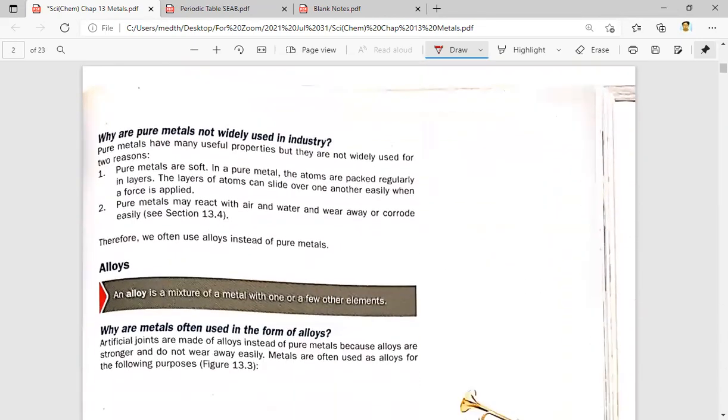The question is why pure metals are not widely used in industry. You don't generally use pure metals. It's really because they are soft. Second, they can react with air and water, and wear away or corrode easily. When iron reacts with air and water, we see this phenomenon quite regularly in our daily lives.